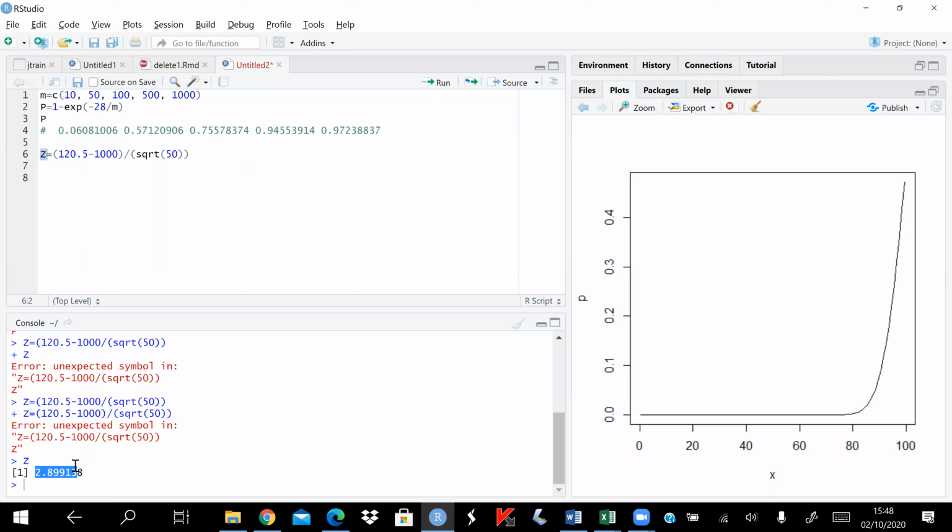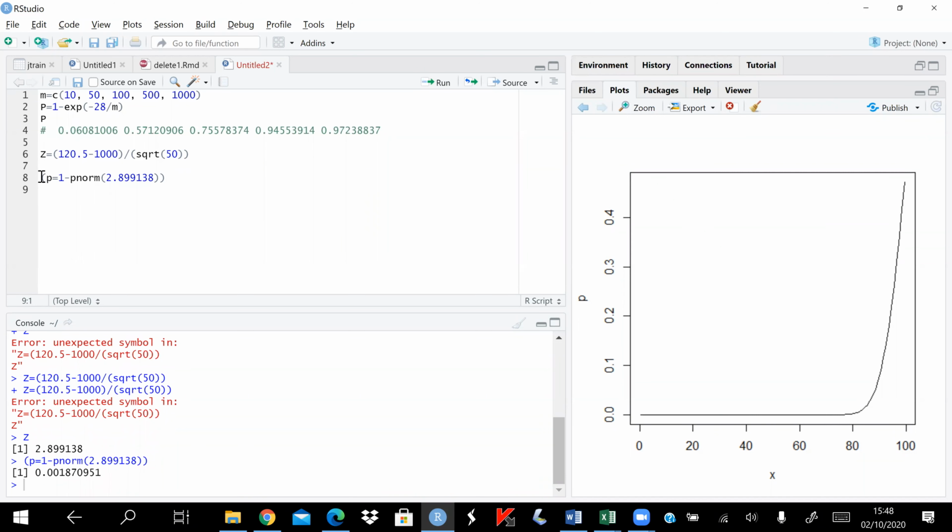You want to compute the p-value corresponding to that value, which will be given by 1 minus pnorm of this value here. That will be your p-value. Sometimes, if you want to get everything at once, you put brackets like that.